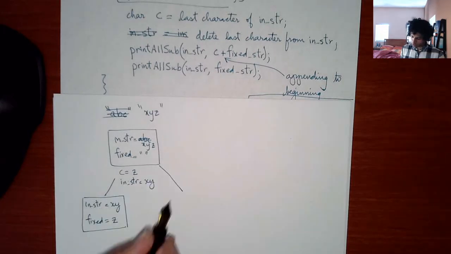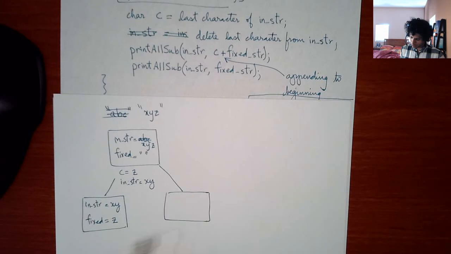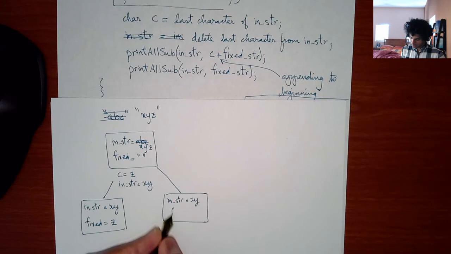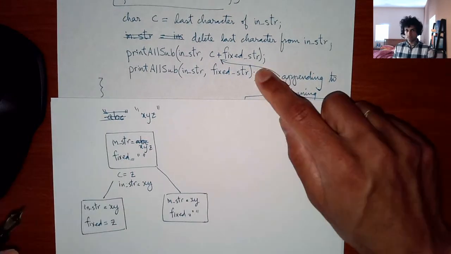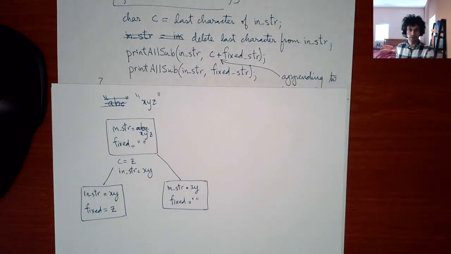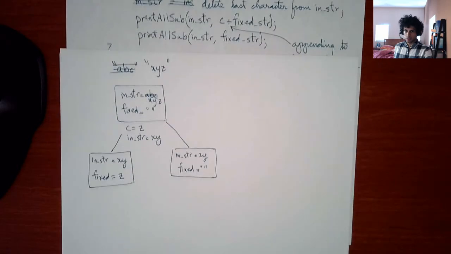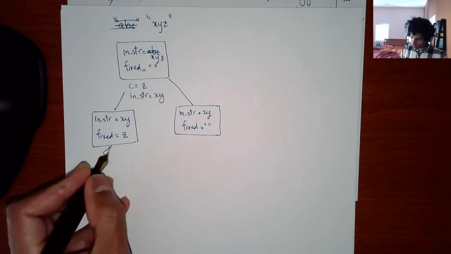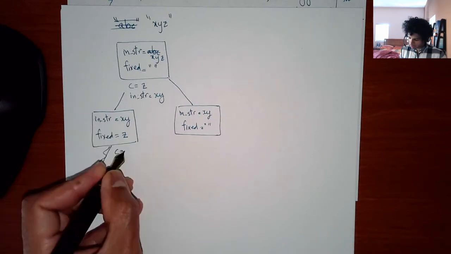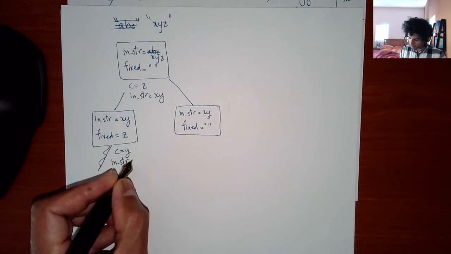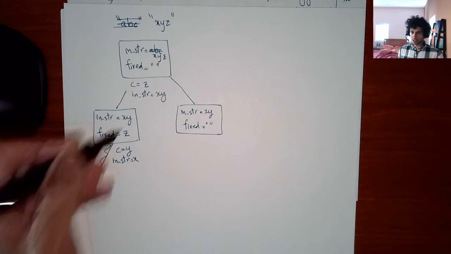Let me write out what's going to happen here, even though it doesn't get called initially. So the input string is XY, but the fixed string is still empty, right? I suppose I should have worked out an example earlier. Now let's look at what happens under this. The character C is going to be the last character of the input string, which is Y, and the input string is going to become X. Remember, you delete the last character.